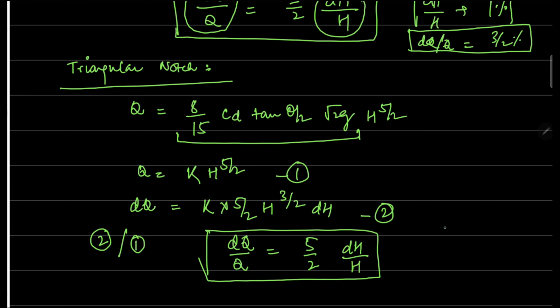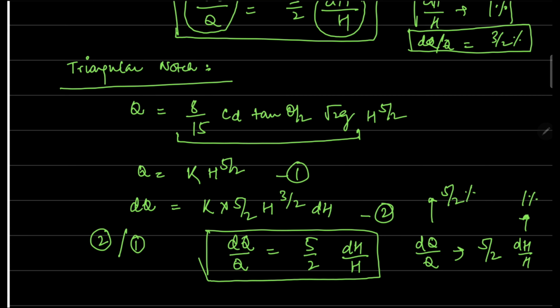So now, dQ by Q will be 5 times dH by H. That means if we are incurring a 1% error in the assessment of the discharge over the weir, then dQ will be 5 by 2%.